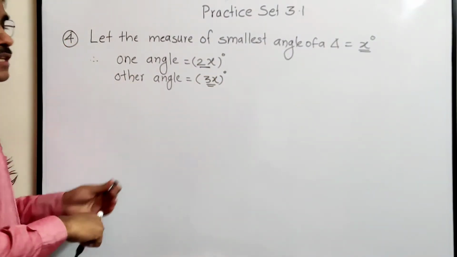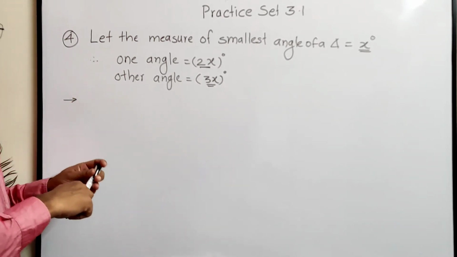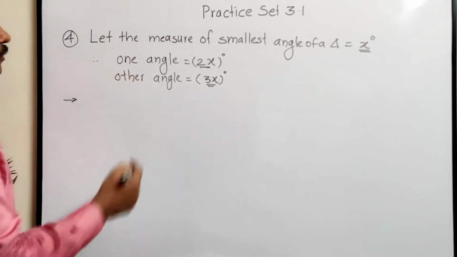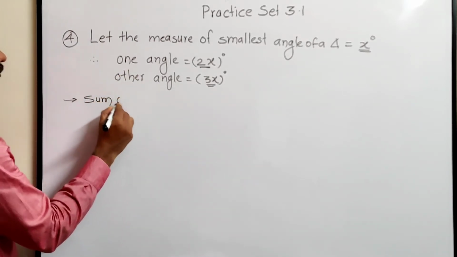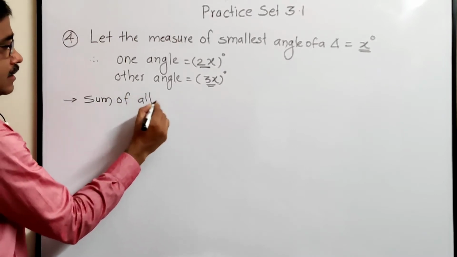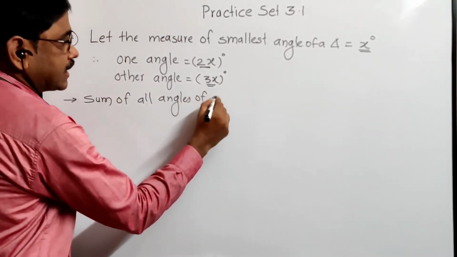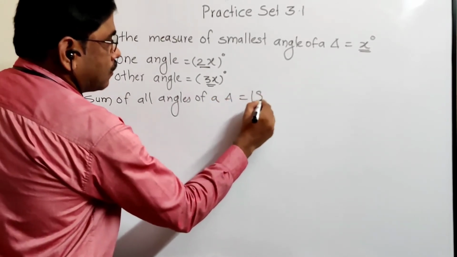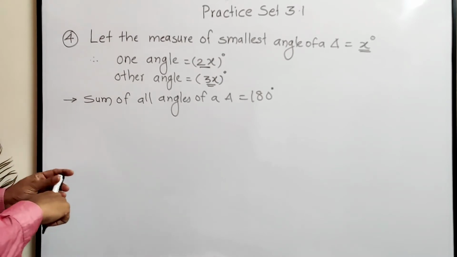Now use the same property, same as the third and fourth sums. Only it is a statement, so we are solving it. Sum of all angles of a triangle is equal to 180 degrees. Now write the sum of all angles.